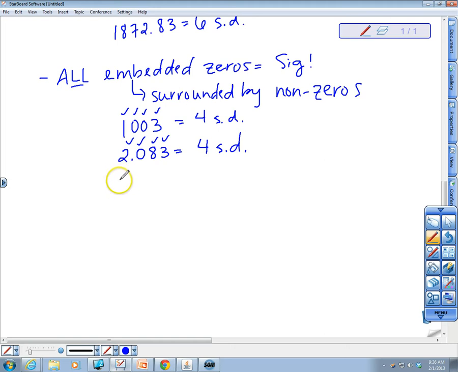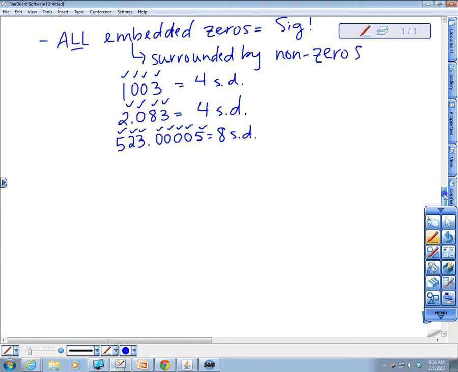The number 523.00005: all of the non-zeros have to be significant, so I have 4 of those. And these zeros are in between non-zeros, so they are also significant. So that means I have 3, 4, 5, 6, 7, 8 significant digits.